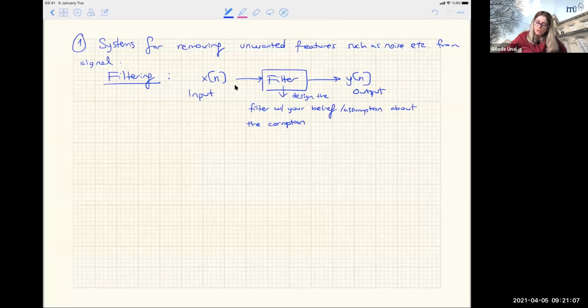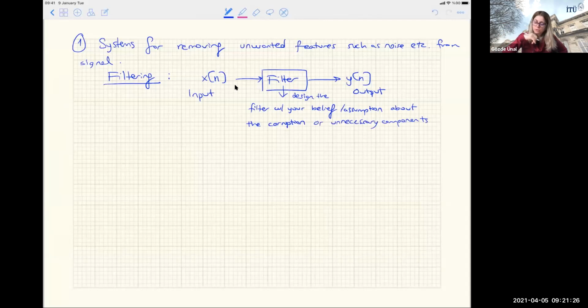Okay, corruption or unnecessary components in the signal could be, for example, low frequencies. We will see what that means later, but you may be after more abrupt changes, or you may be after smooth parts of the signal.